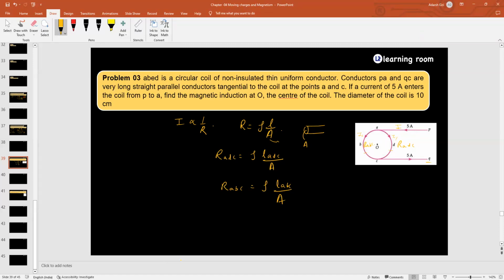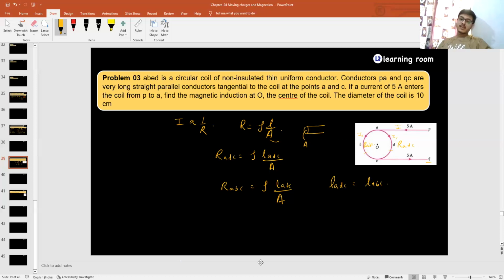Yes, sir. Right? So don't you find length of ADC section equals to length of ABC section? Yes, sir. Right? Now see here, length of ADC section is equals to length of ABC section. And resistivity, because we are using the same material, so resistivity will be same for both of them. Area of cross section same for both of them. So can we say that RADC is equals to RABC? Say yes or no? Yes, sir.